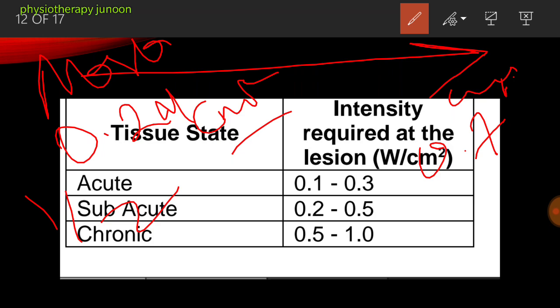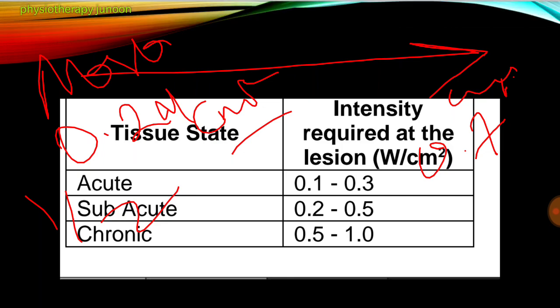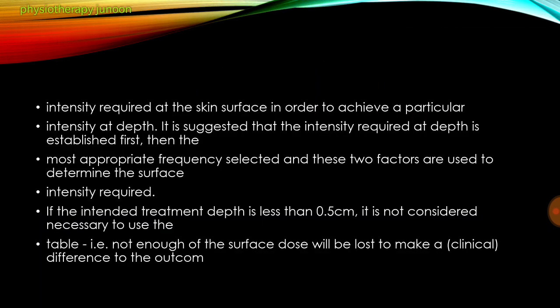Though there are numerous debates that continue with regard to the most appropriate half value depth for different frequencies. According to this, for the intensity required at the skin surface in order to achieve a particular intensity at depth, it is suggested that the intensity required at depth is established first, then the most appropriate frequency selected, and these two factors are used to determine the surface intensity required.